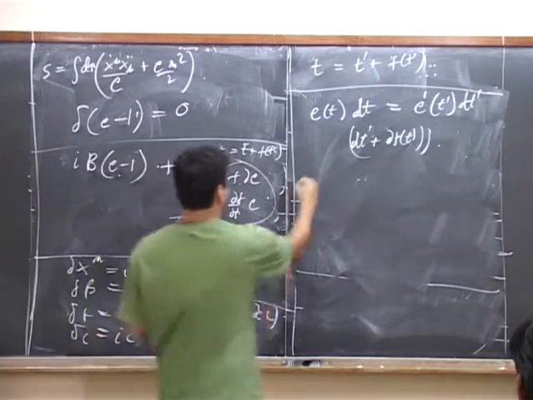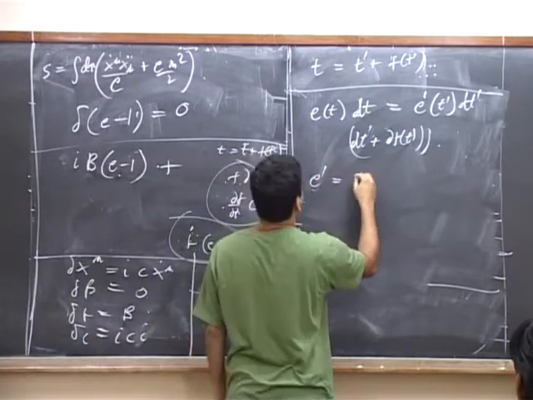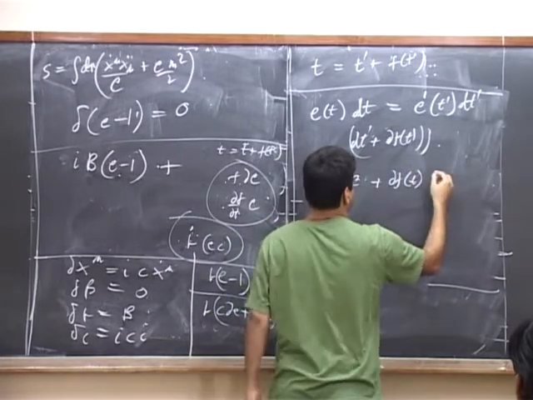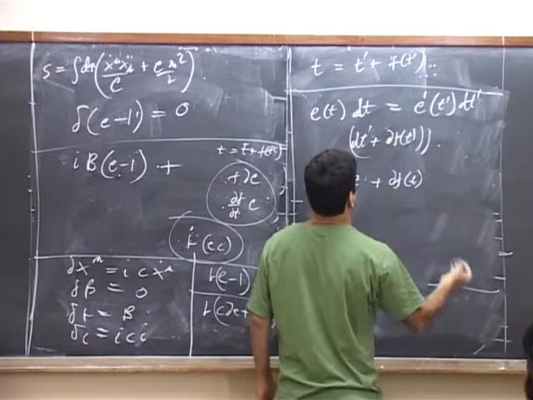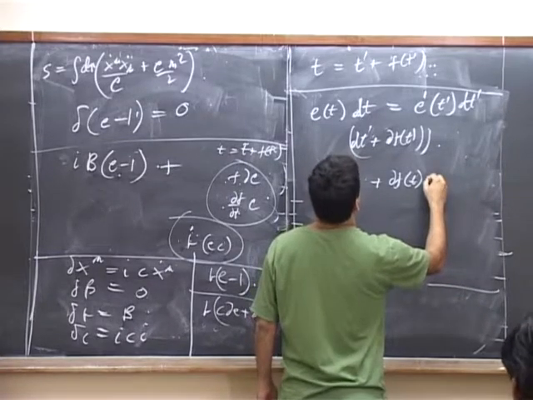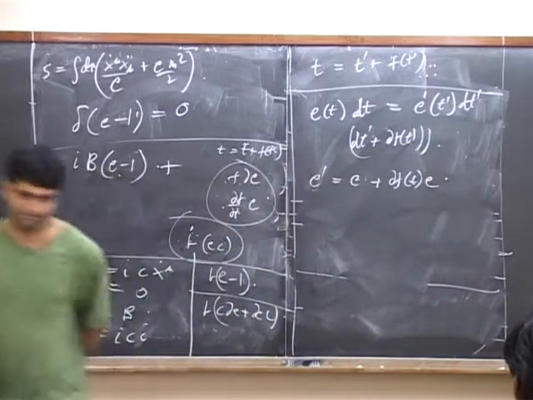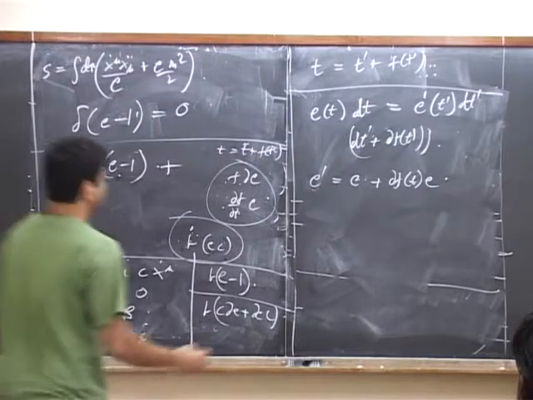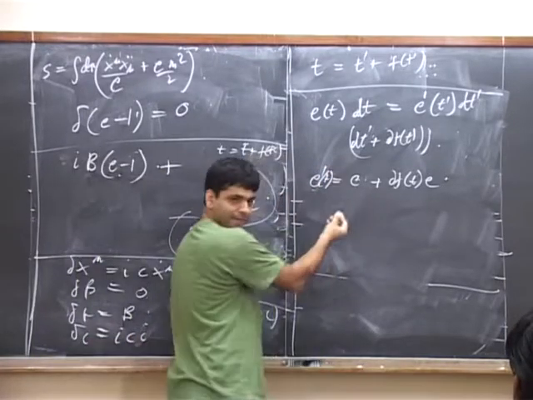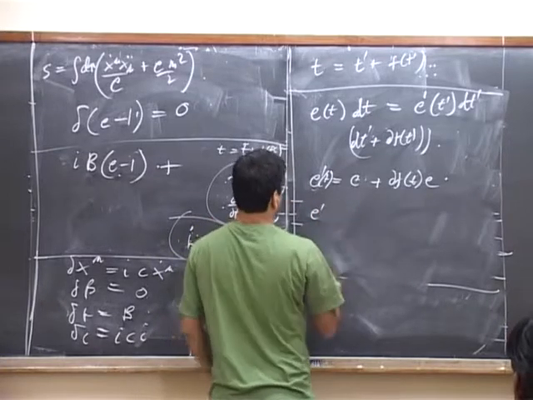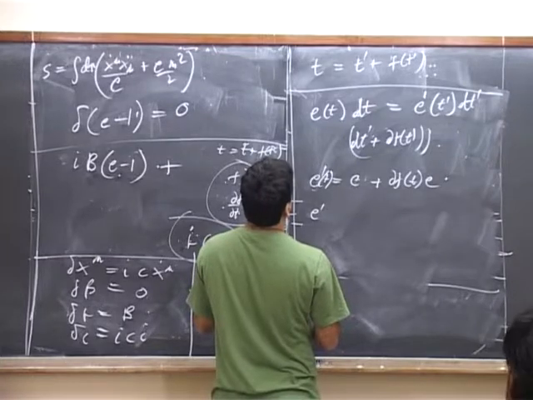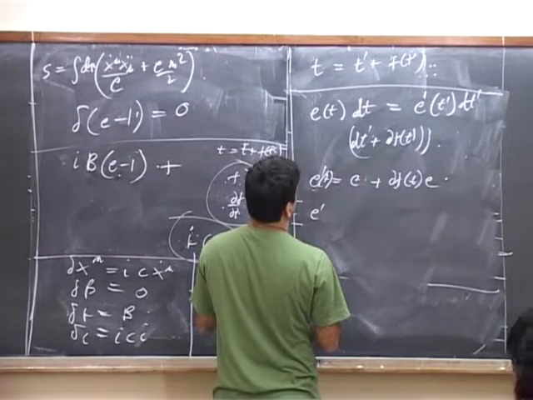So we get that E prime is equal to E plus del F of T times E. And therefore, now E of T, we put E of T prime plus F of T prime, and you get another term.